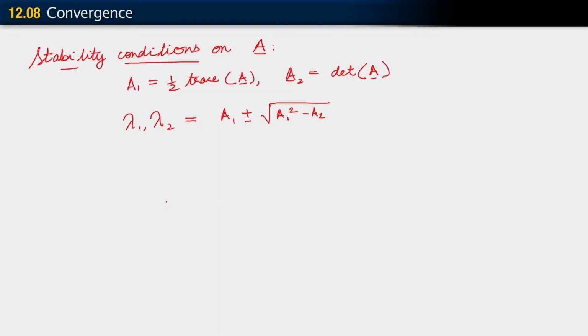And then we impose conditions that lambda 1 and lambda 2 need to be less than or equal to 1. And we've also understood when they have to be strictly less than 1. These are the stability requirements.